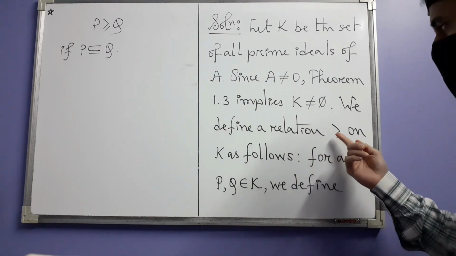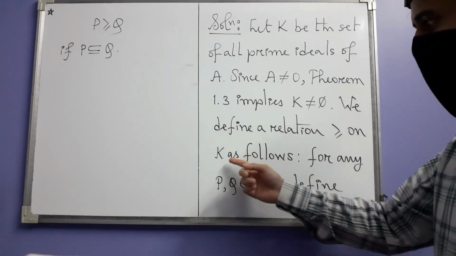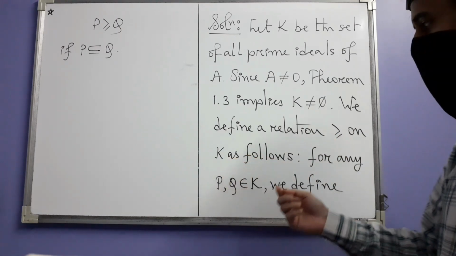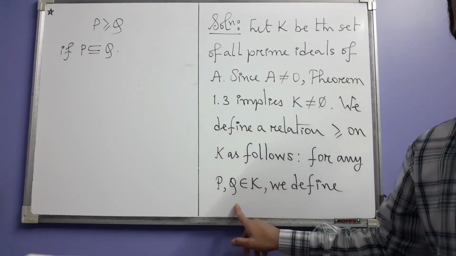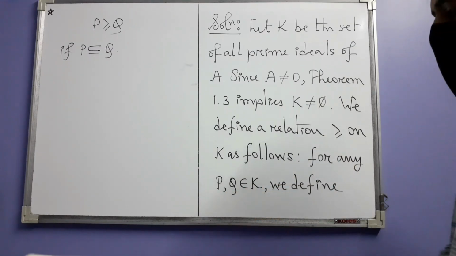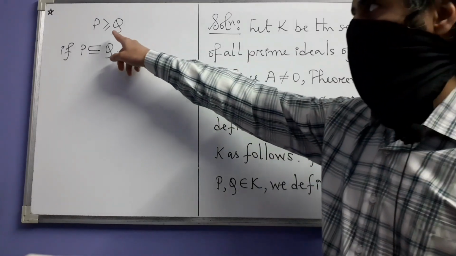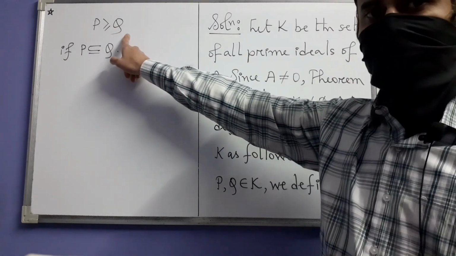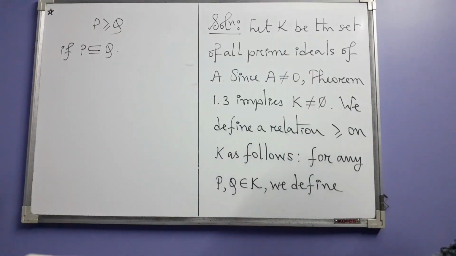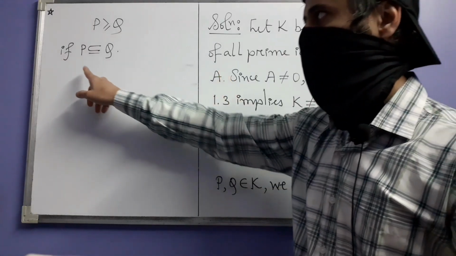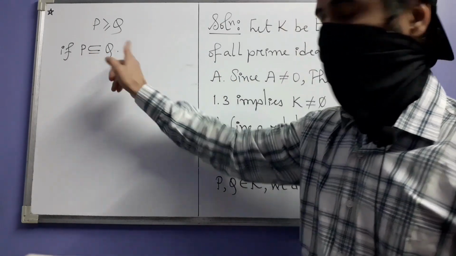We define this relation on our collection K as follows. For any two P and Q in K, that means these are prime ideals, we define P to be greater than or equal to Q if P is contained in Q.